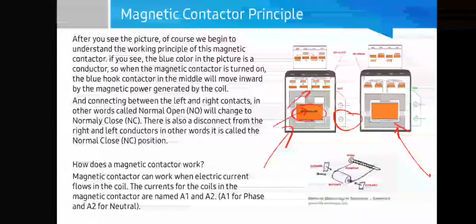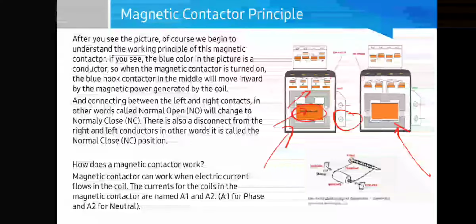This one is the coil, as you can see, and it connects the left and right contacts. In other words, what was called normally open will change to closed, and there is also a disconnect between the right and left conductors, in other words, the normally closed position.